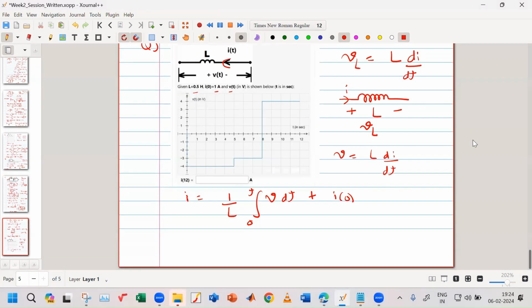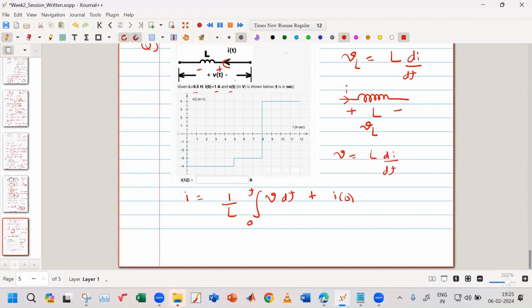Because the polarity of the voltage shown here is opposite to the normal convention, we will reverse it. If this is -4, we'll write it as +4, because effectively that is what we want in terms of plus or minus.